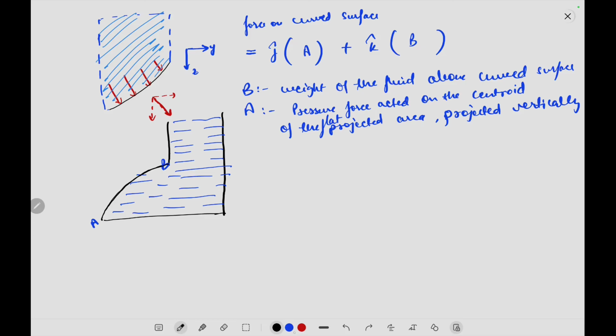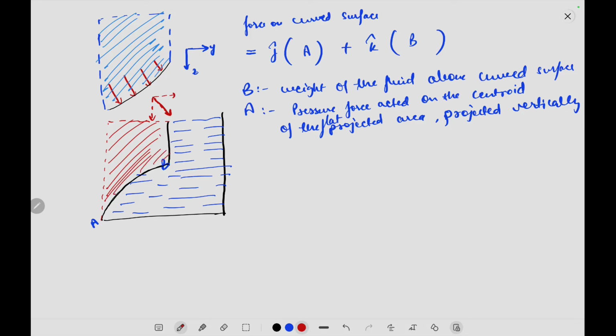This weight can actually be the hypothetical weight of the fluid as well. So how will you solve this problem? We will solve it by taking the weight of this hypothetical fluid on top of this surface.